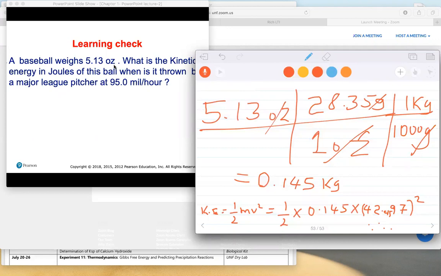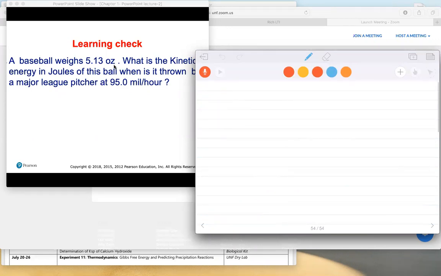Times 0.145 divided by 2, that is half. I get 130.7.